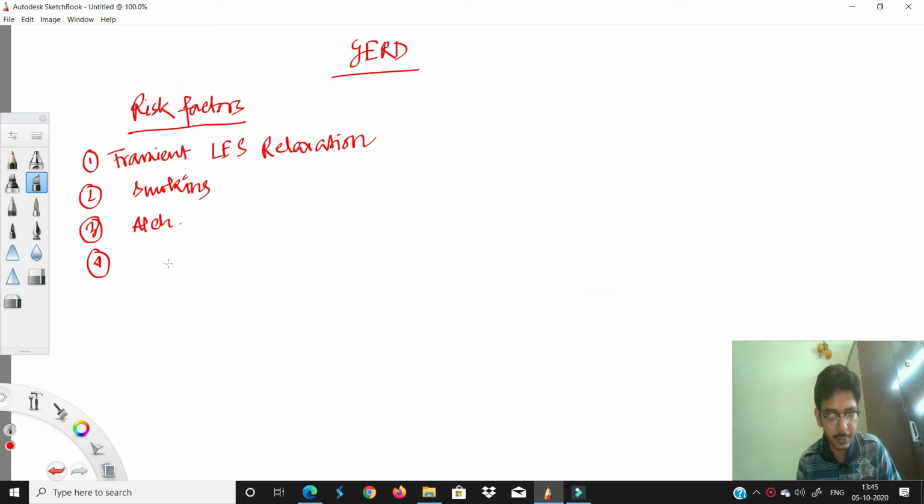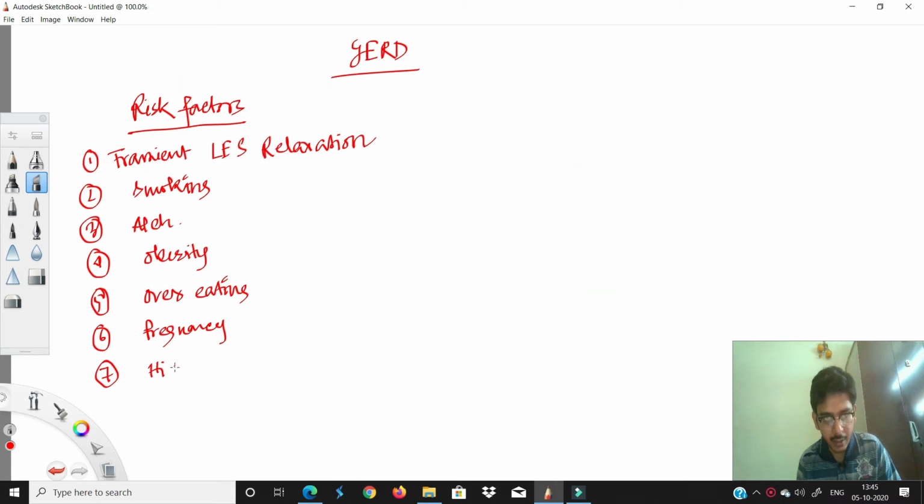Fourth is obesity. Fifth is overeating. Sixth is pregnancy. Seventh is hiatal hernia. These seven risk factors are responsible for gastroesophageal reflux disorder.